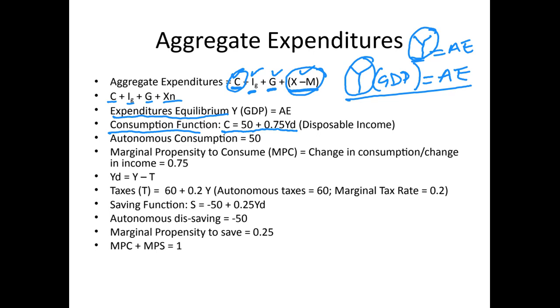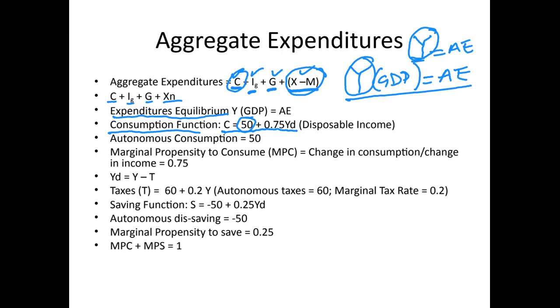Remember, this is not an individual consumption function. This is not the consumption function for one individual. This is for the whole country. What is 50? Let's say $50 million. So $50 million is the amount of expenditures that consumers are spending in the country that is independent of their income. It has nothing to do with income.